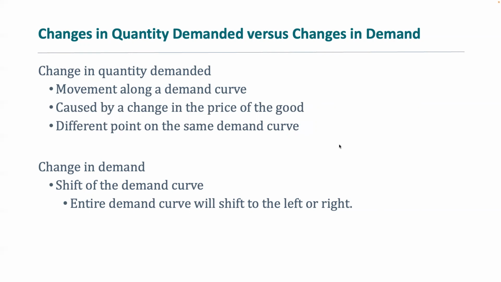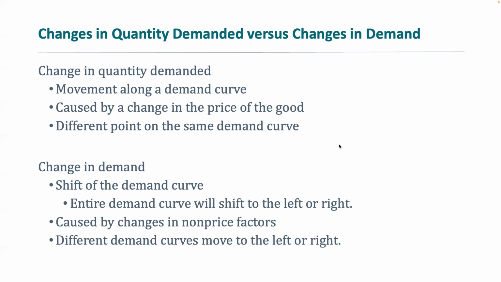When we talk about a change in demand, that entire curve is going to shift either to the left or to the right, and this is going to be changes in anything other than price. So different demand curves will move to the left or the right. Very important to consider, and we'll look at that graphically in a few examples.